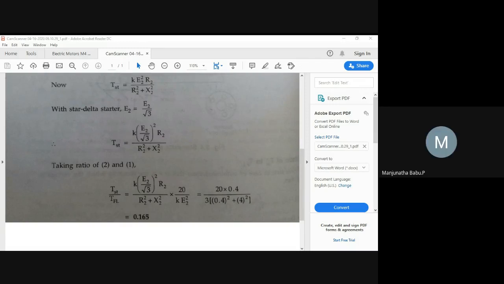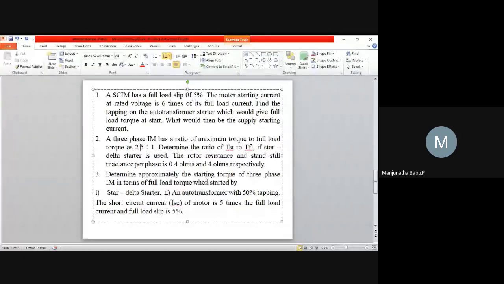So note down this data. The third numerical: determine approximately the starting torque of a three-phase induction motor in terms of full load torque when started by, first, a star delta starter, and second, an auto transformer with 50% tapping.